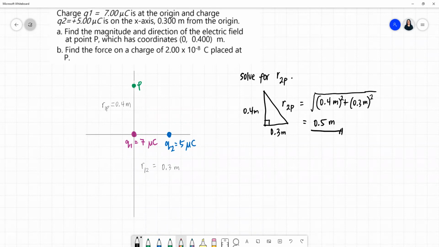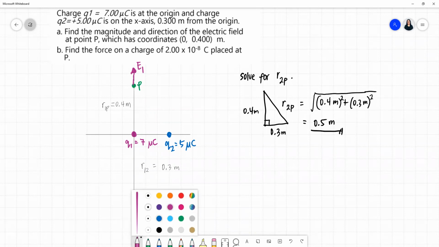So for the electric field at point P caused by Q1, it's this arrow pointing upward. So we'll just label it as E sub 1.